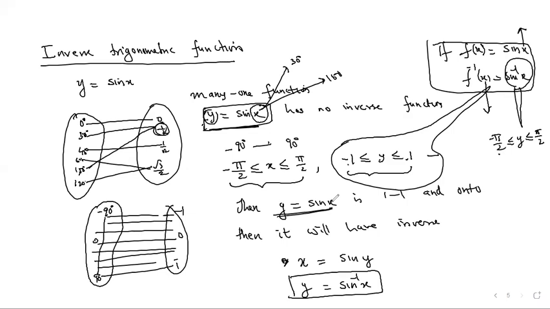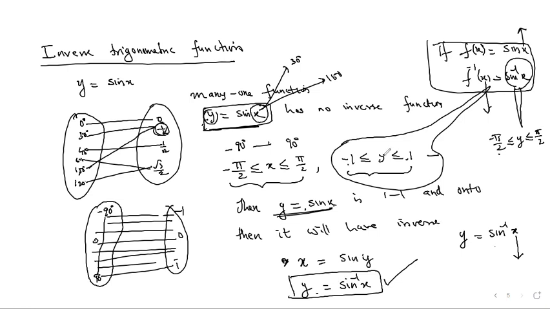Yes, sir. Because it is one-one and onto, I'm able to find its inverse function. And how do you find the inverse function? x and y are interchanged and y is made the subject. Is it okay? Yes, sir. So whenever I write f inverse of x is sin inverse x, or y is equal to sin inverse x, what are the possible values of x?